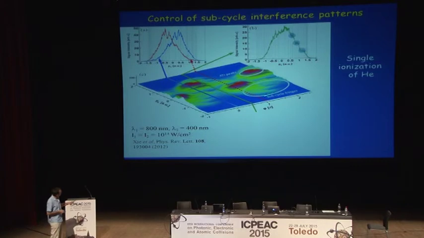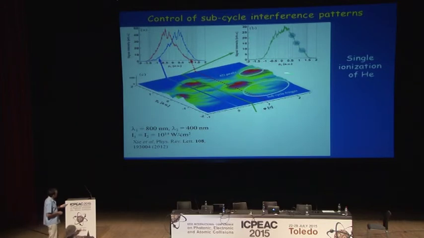On the other hand, these structures with the shape of fingers, here, or here, or here, the origin of these are intracycle or double slit interferences.